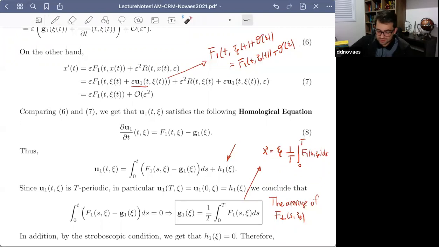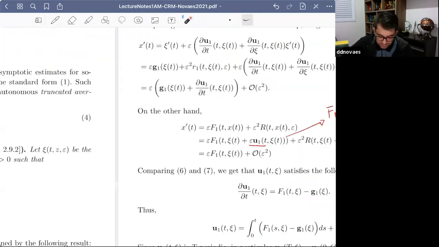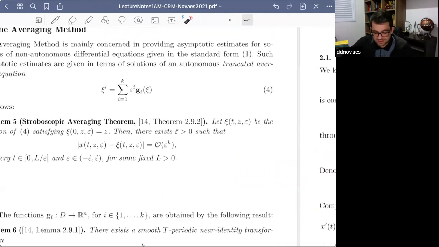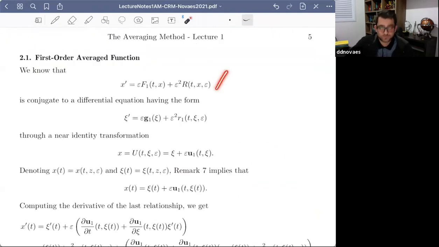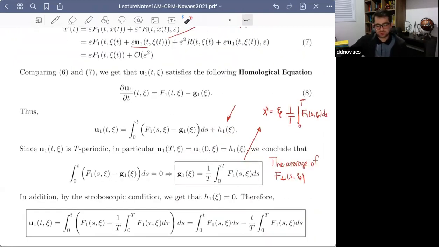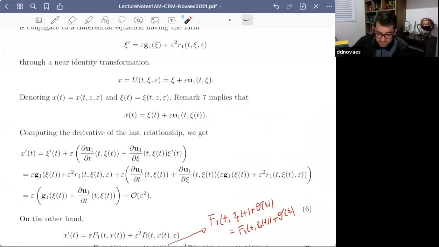Okay, so this is an autonomous differential equation. It's a vector field, and it approximates, in terms of these theorems, the solutions of the standard form, this one.